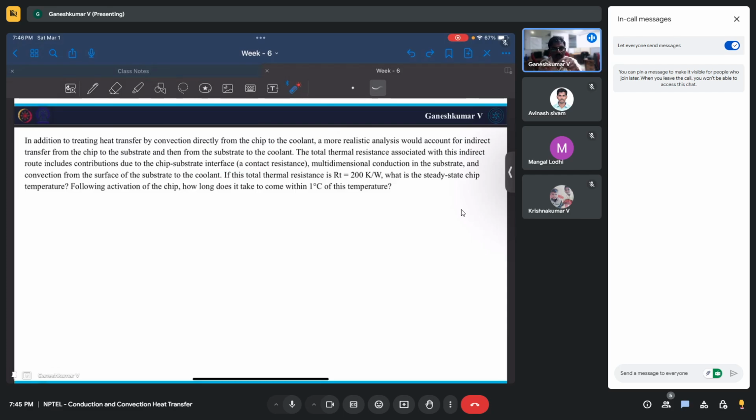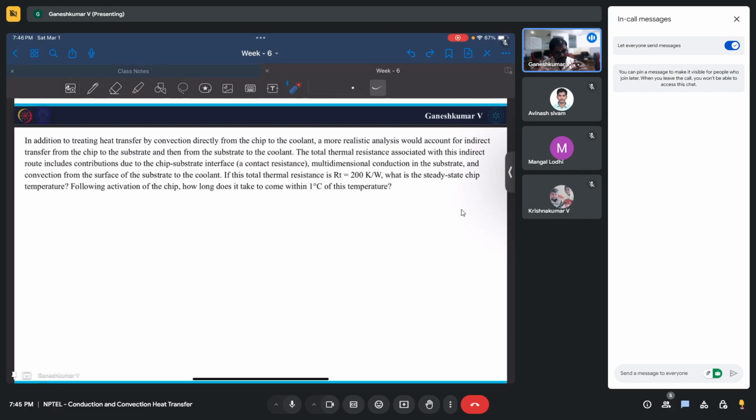Now if all these surfaces are going to give away heat to this substrate, it is not going to be a simple one dimensional problem, it will be a multi-dimensional problem. Performing such an analysis requires a computer. Also you may need to use some CFD techniques and things like that.